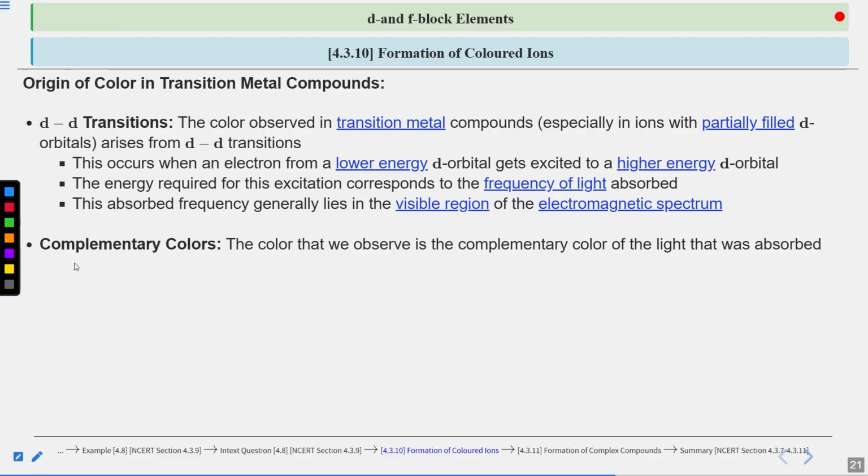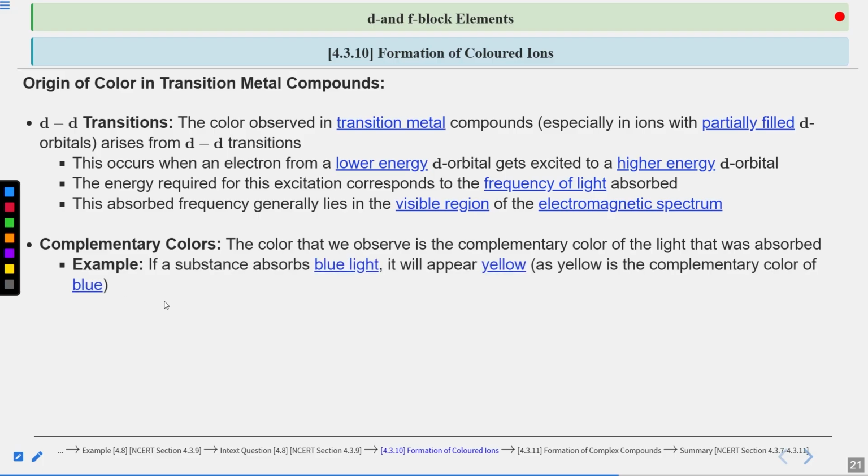And along with that, due to the d-d transition, color is observed in the transition metal compounds. The second factor is complementary colors. The color that we observe is the complementary color of the light that was absorbed. So the color of light that was absorbed and the color that we are observing are complementary to each other.